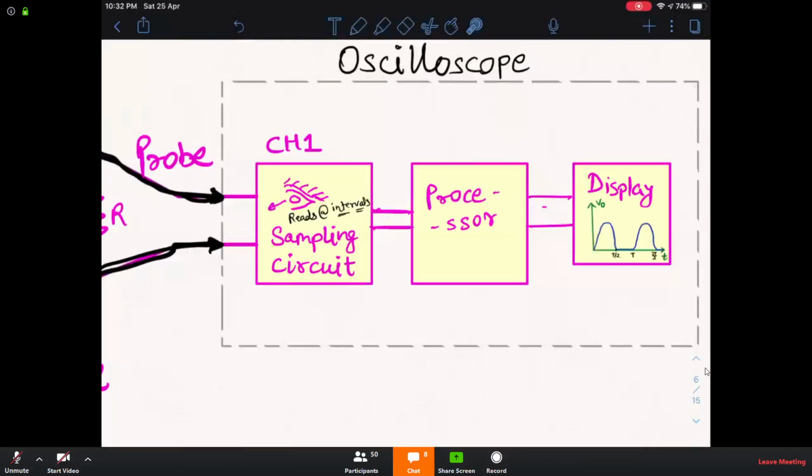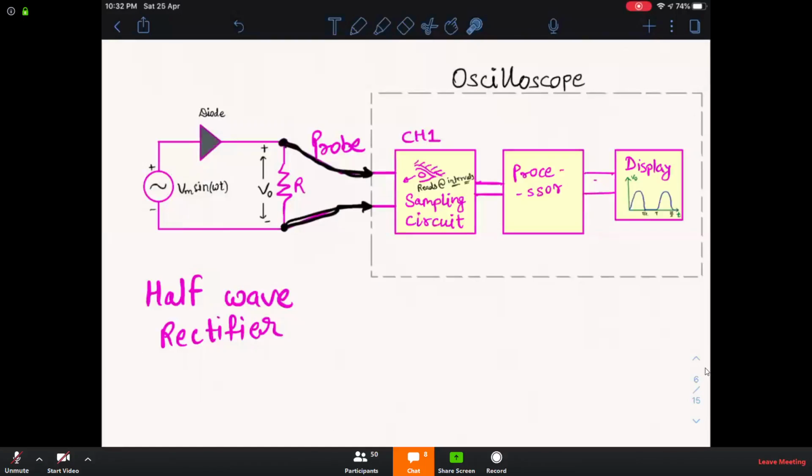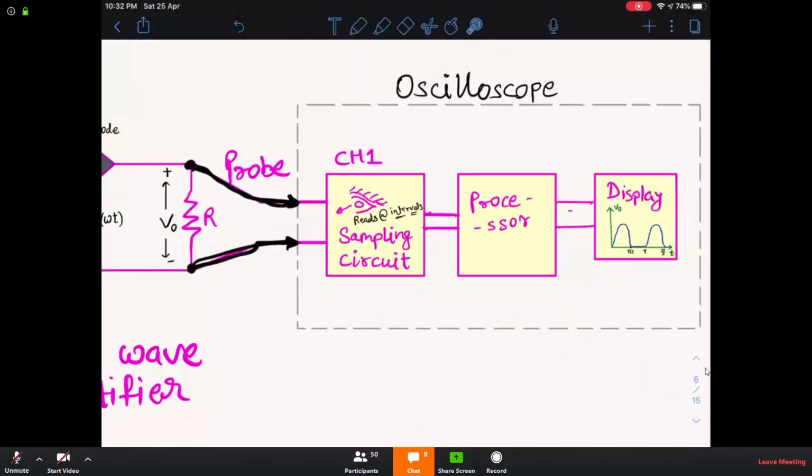What a sampling circuit does is it reads the input voltage. Suppose you have connected this wire over here, and the voltage is changing, like a half wave sine wave. It will sample that voltage at different intervals at a very fast rate and convert that voltage into digital data, and that data will go to the processor.